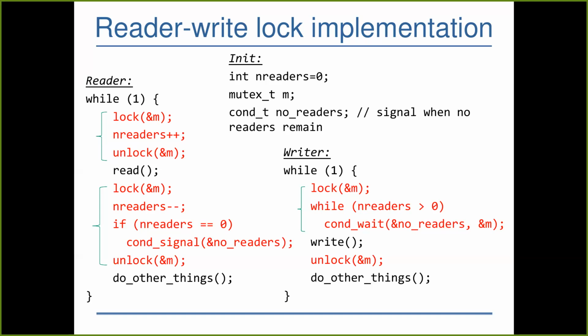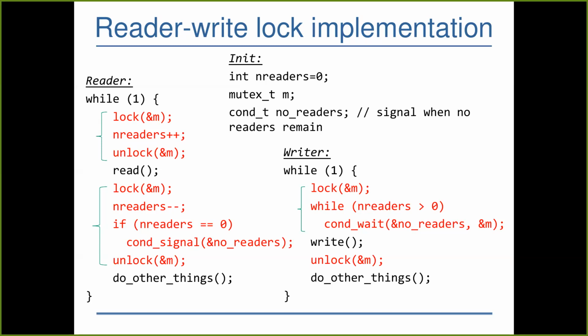Then the most important part is the read operation, which all readers can perform simultaneously, because you see none of them is holding the mutex. All these readers will be able to proceed without holding the mutex. And then, at the end, we grab the mutex again, just to decrement the n readers count and signal. If I'm the last thread, I will signal the writer that I'm the last thread and you can proceed now. And then we unlock the mutex.